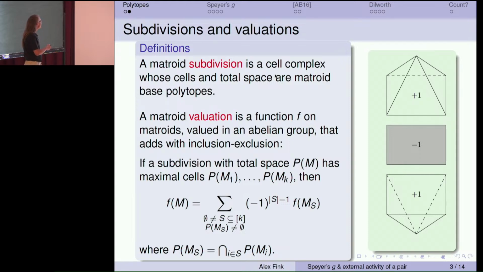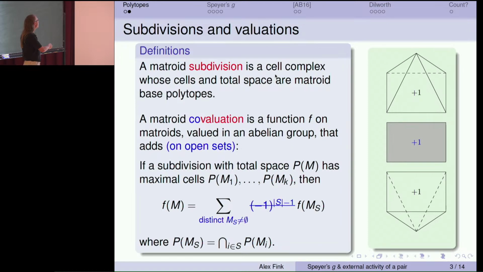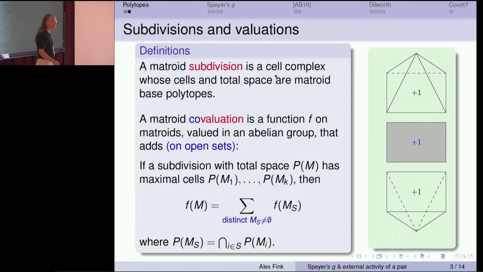Graham invoked but didn't define the notion of co-valuation, and that's just the sign twist of this thing. If I want the function just to add with no signs, I tailor the definition to get rid of the sign. Okay, let's just erase it. Go away sign. There we go. Now I want all the signs to be positive.